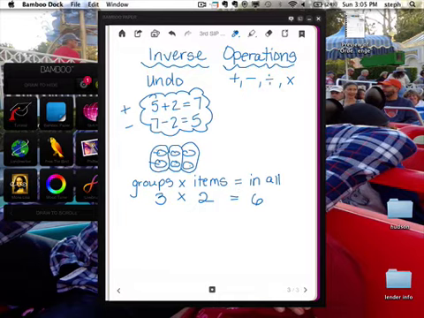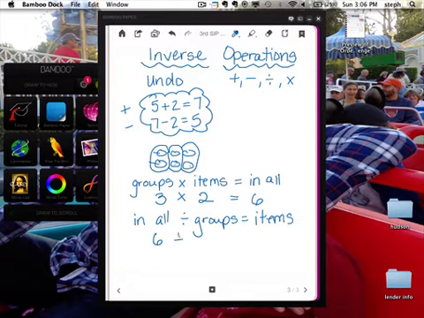Let's look at it as a division problem. Remember, the division problem looks something like this. Items in all, divided by your groups, will give you the number of items in each group. So the total in all is 6, divided by how many groups you have, 3, and that'll give you 2 items in each group.